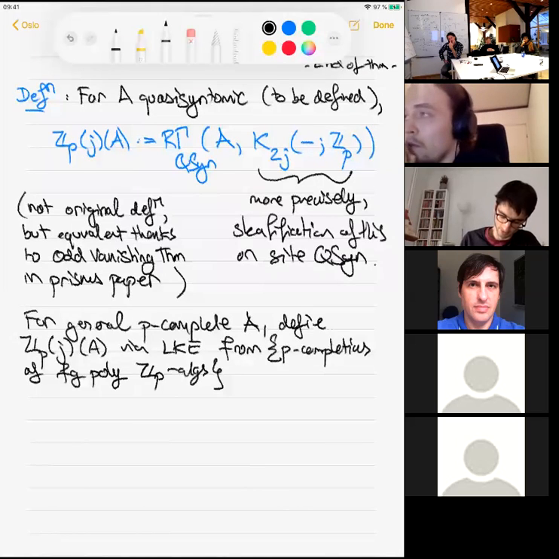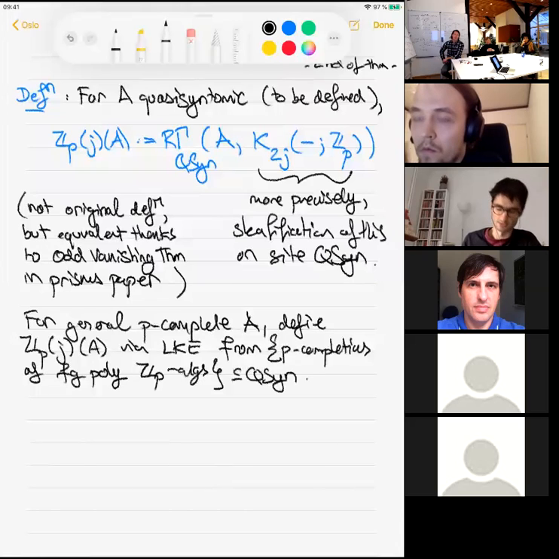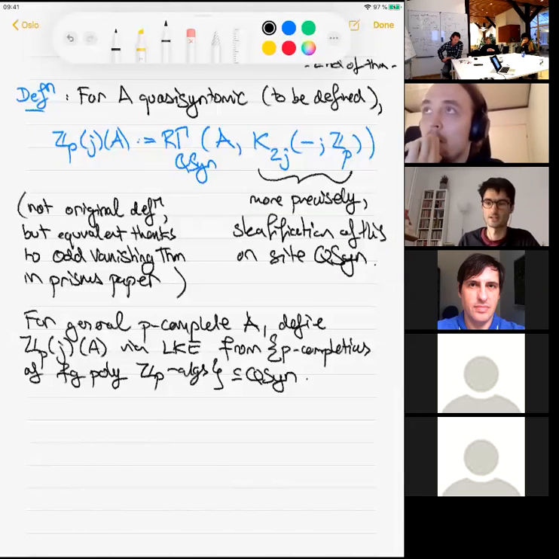I just make the point that those things are all in this category of quasi-syntomic rings. So the first definition defines it for quasi-syntomic rings. That includes anything which is P-completely smooth, including P-completions of finitely generated polynomial algebras. And I left Kan extend from these to get a definition in general.